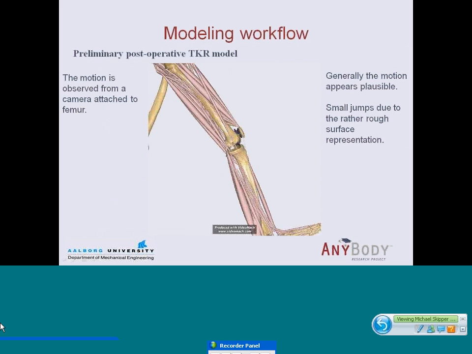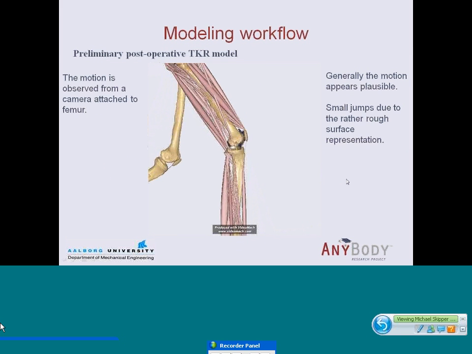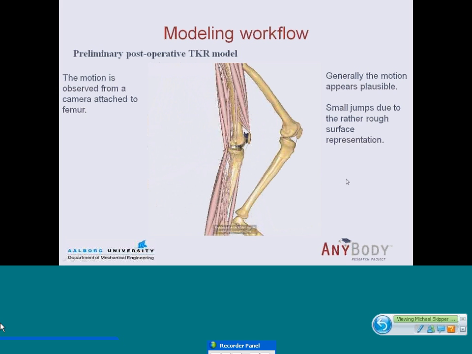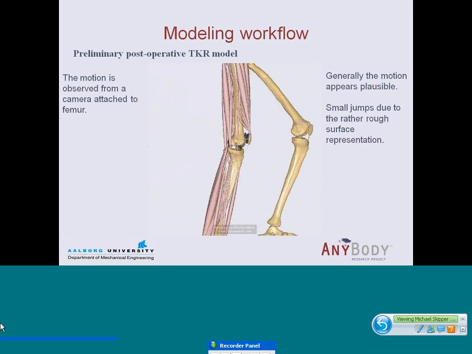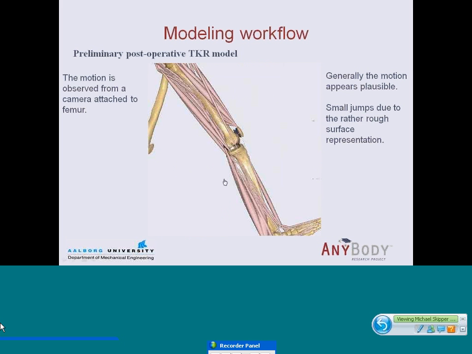We go to results, then we have an animation here of the knee within the subject doing gait, and the motion looks pretty plausible. I will click it again in just a moment, but just to be sure that I don't overload people's networks out there, I'll wait a little bit.